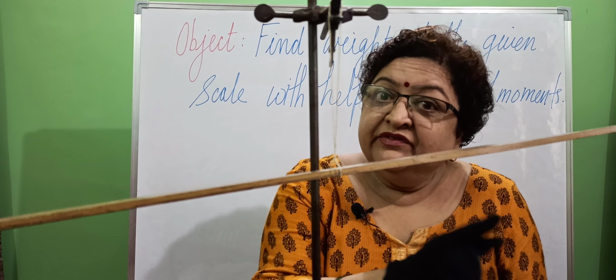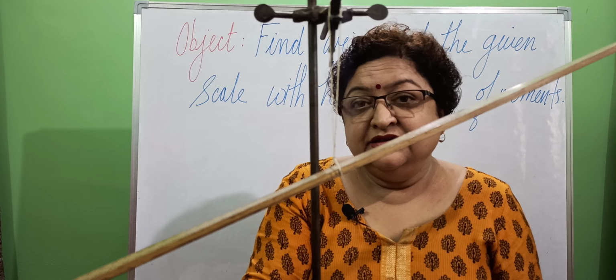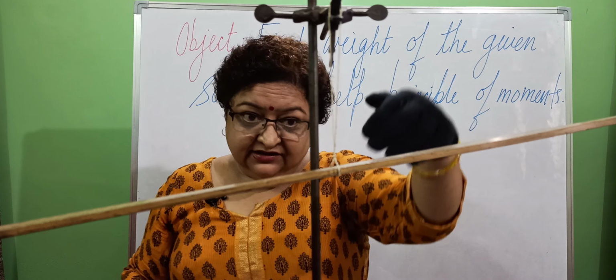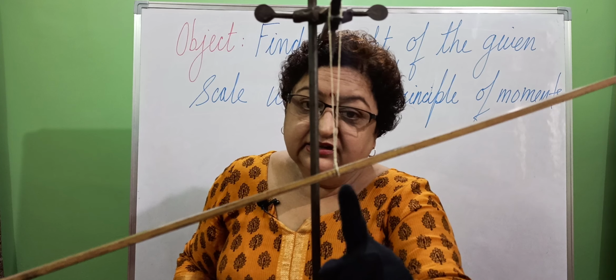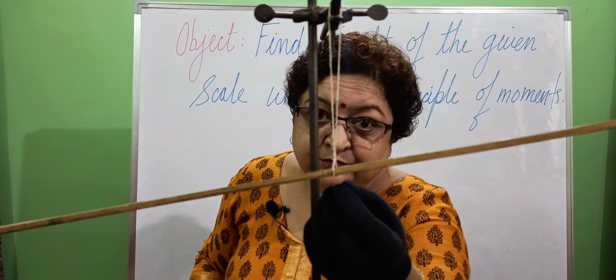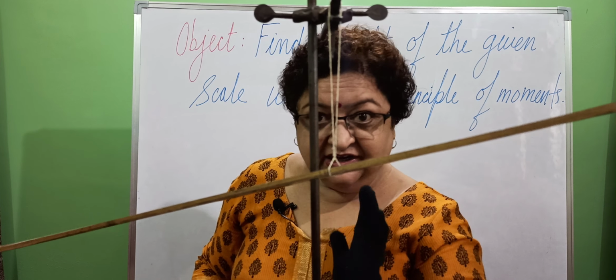The center of gravity is that point at which the weight of the object acts. So weight of the object acts at the center of gravity. At this point, gravity's pull is taken to be acting. Is it clear?